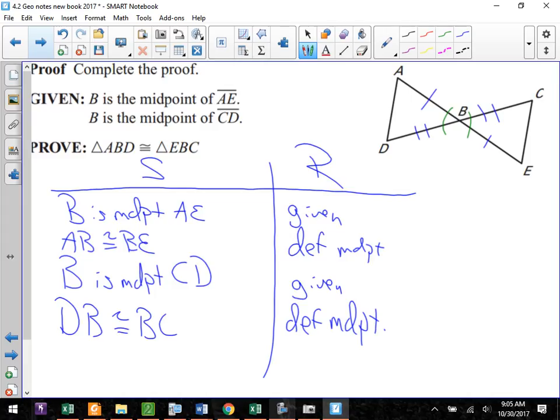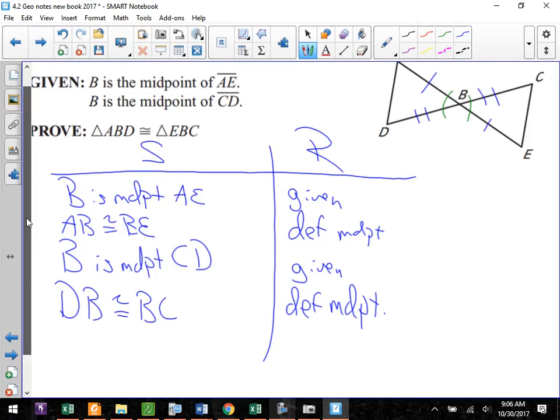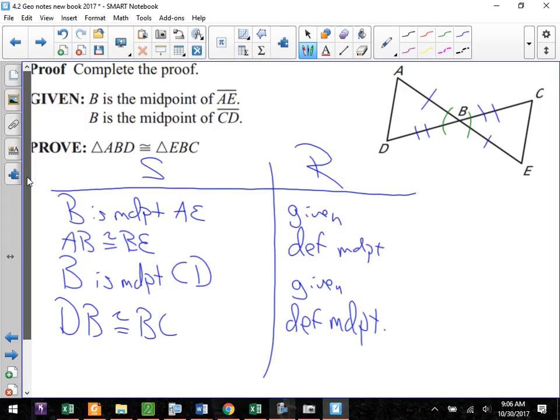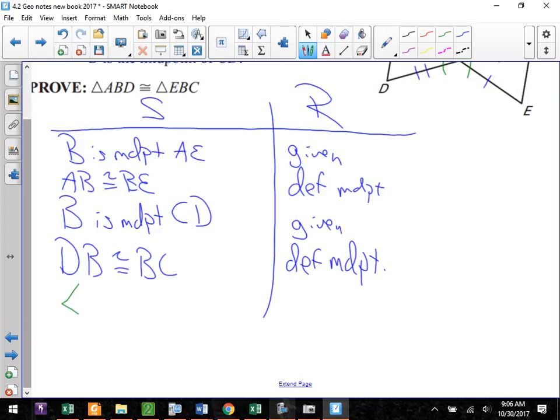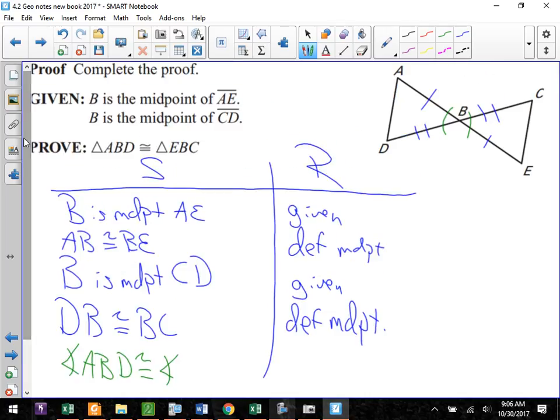On your progression sheet, you should have a thing that says look for vertical angles. Oh, you do. Look for them. Found them. I know that those are vertical angles. What do we know about vertical angles? They're congruent. So what I would write out then is the angles. Well, ABD. I go back to the other letter.